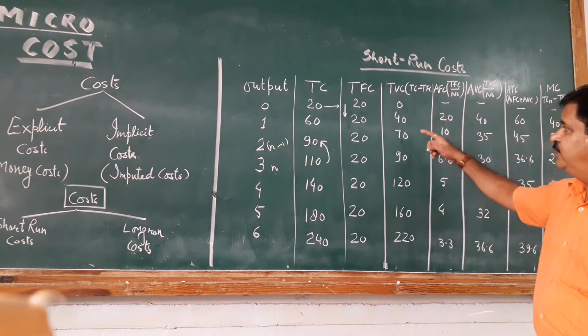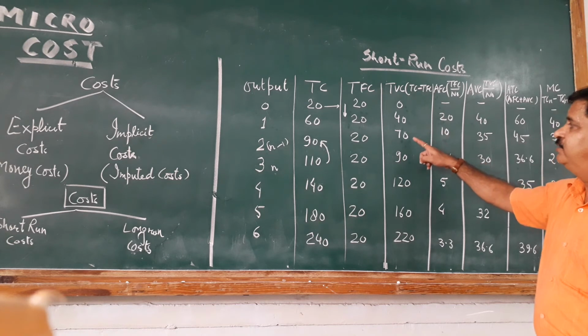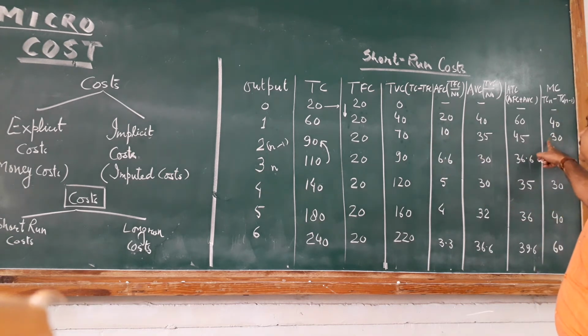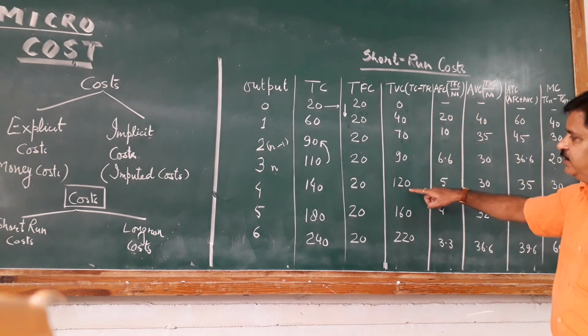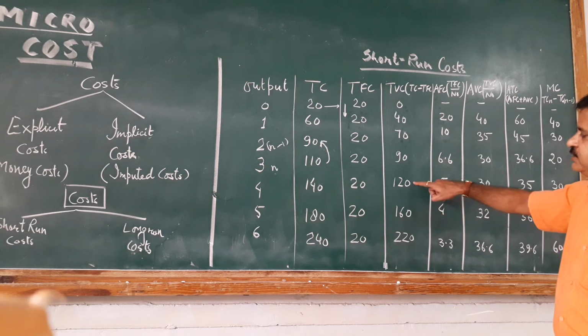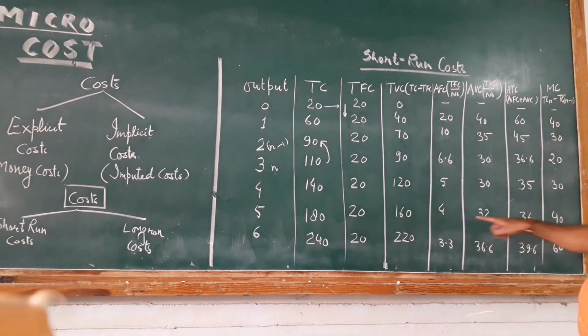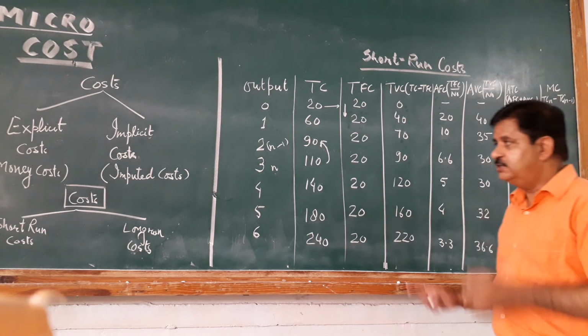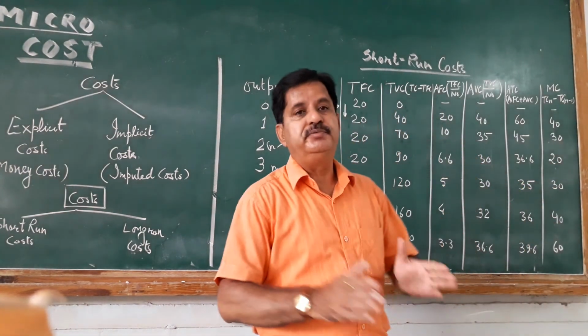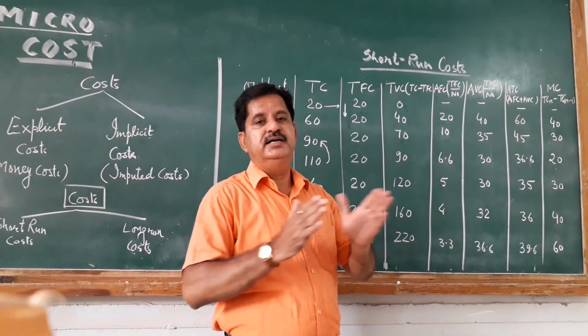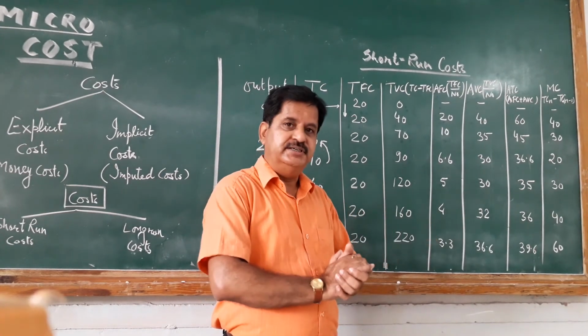Here also, when we subtract 40 from 70, we will get the marginal cost of the second unit. When we subtract 120 from 160, we will get the marginal cost of the fifth unit, that is 40. So in this way, marginal cost can be obtained from TC as well as from TVC.